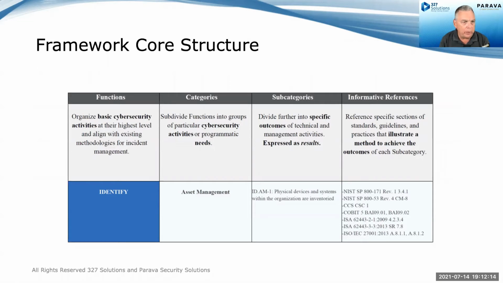The categories are going to subdivide the functions into groups of particular cybersecurity activities or programmatic needs, like asset management. The subcategories will divide further into specific outcomes of technical and management activities expected as a result. And here we are listing the very specific activities that you are going to be conducting.